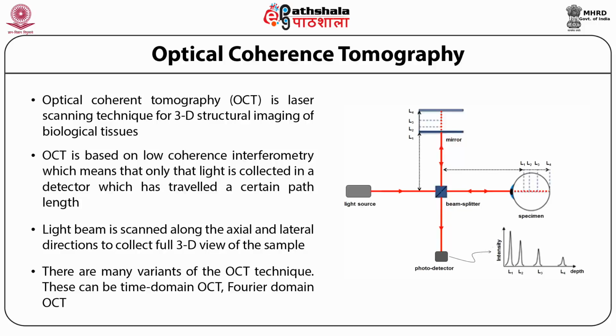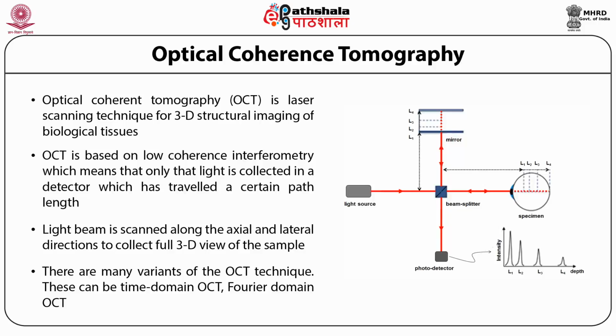So the light which is coming from a specific depth L1 in the sample needs the scanning mirror to be placed at the proper distance from the beam splitter such that the two lights from the two arms can interfere and give you intensity at the detector.